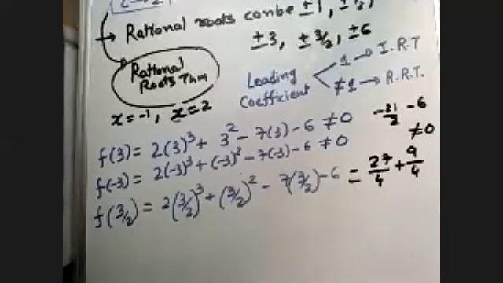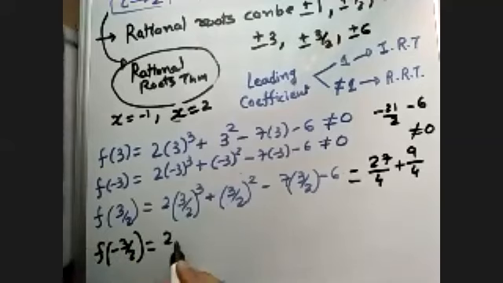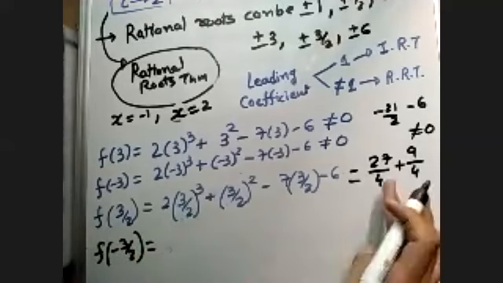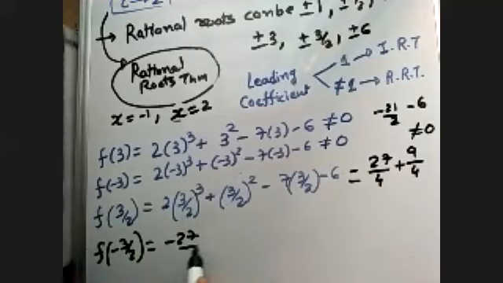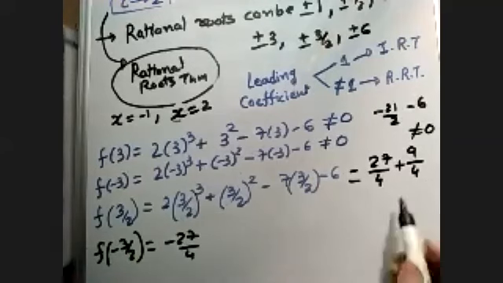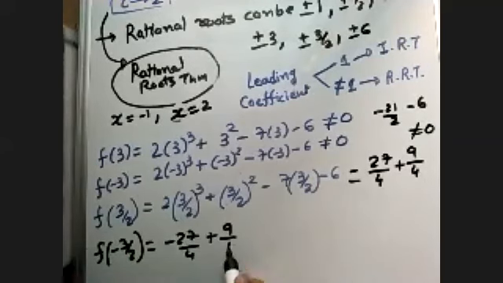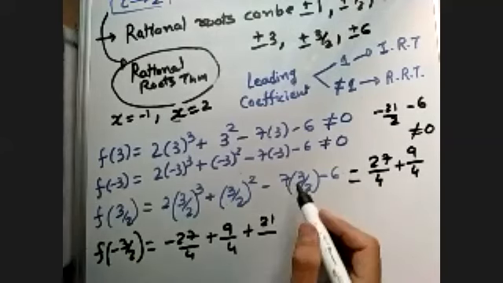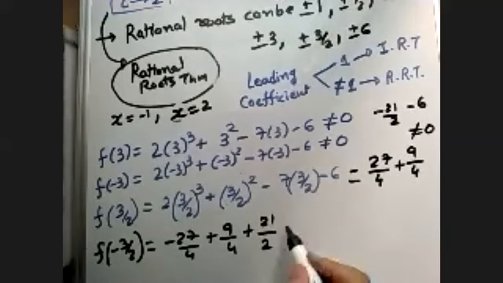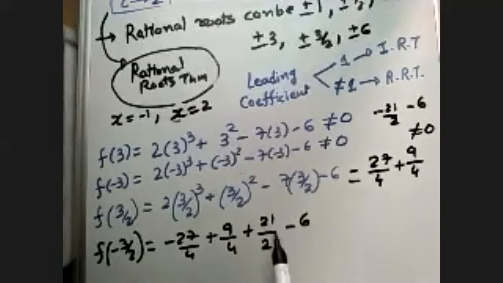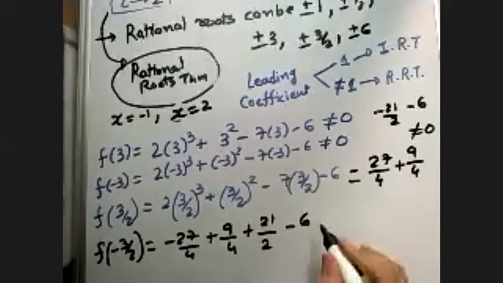So now let us check for f of minus 3 by 2. So for minus 3 by 2, this first term will become negative. It will be minus 27 by 4. I am writing it directly. Second term will be positive, plus 9 by 4. Third term will be again positive, because minus minus will become plus. So if you compare these positive terms, if you will take LCM, this is 21 2s are 42, 42 and 9, so it is 51 by 4.